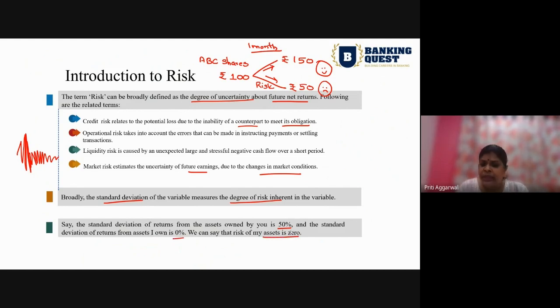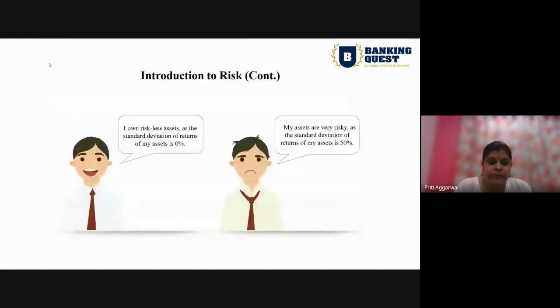So when we talk about the normal distribution, there also we'll be talking about something called deviation. Let's say this is my mu, right? The deviation can be on both sides. It can be positive, it can be negative, but I am more concerned with this side, the fall, the downward movement. If I own a riskless asset, the standard deviation of returns of my assets is 0.